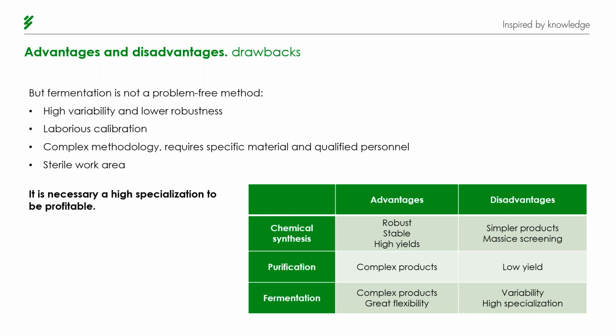So industry uses massive screening looking for new candidates, but this screening has a low possibility of finding new available APIs. In purification, you can produce complex ingredients, but the yield of production is very low, and you have the problems associated with the crops with a big plantation.